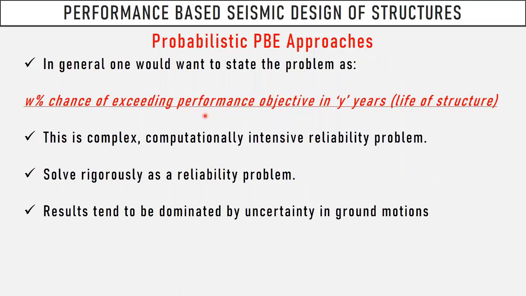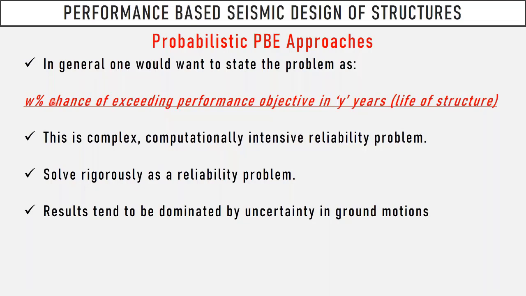And again, I want to state the problem in that sense. What is the probability of exceeding the performance objective in Y years? For instance, I'm aiming at an immediate occupancy objective in 50 years. What is the chance to exceed that performance, not to achieve that performance?